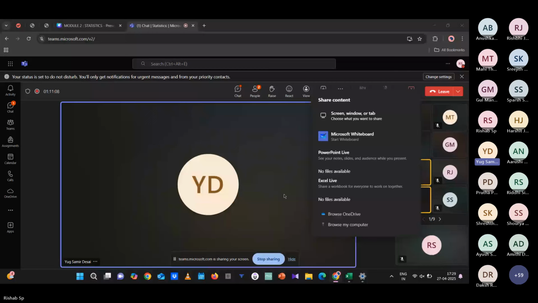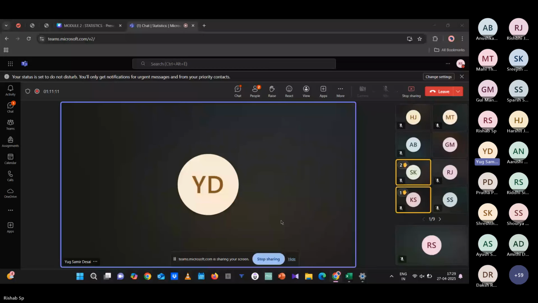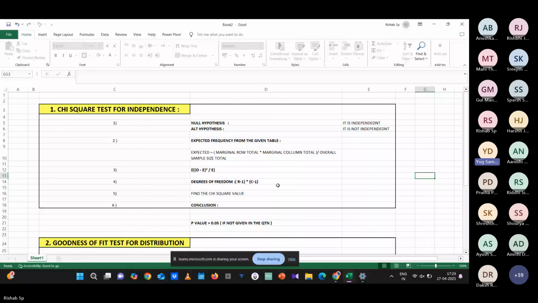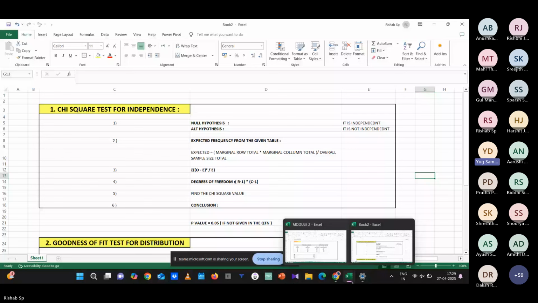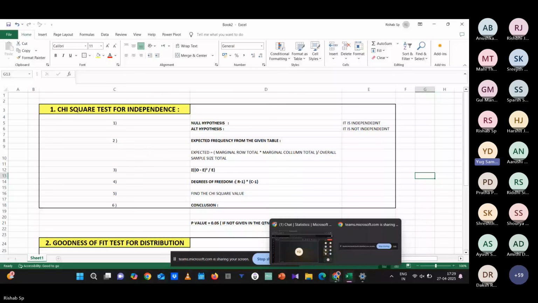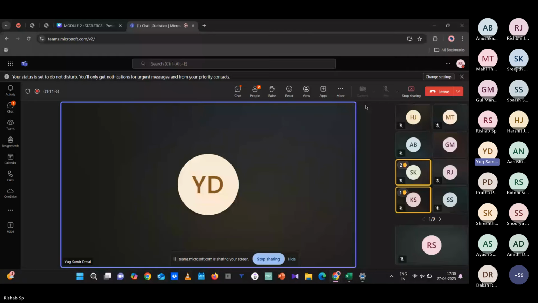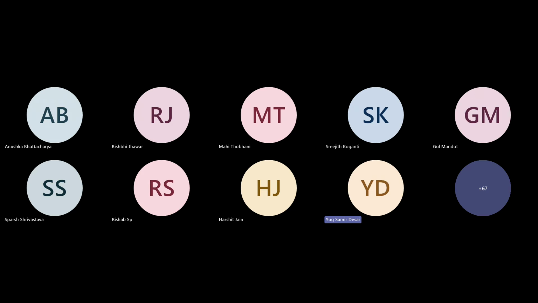If it's a goodness of fit test, the question would be like, does the data follow a uniform distribution, Poisson distribution, something like that? And for the test of independence, the null hypothesis would be that the parameters are independent of each other, and the alternate hypothesis would be that they are not independent of each other. That's the only thing.